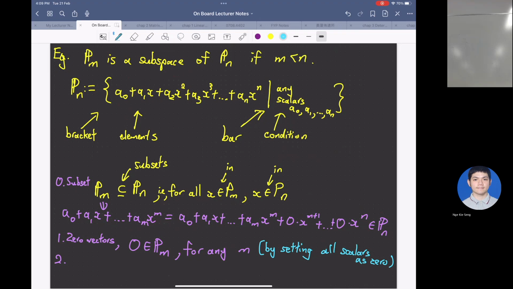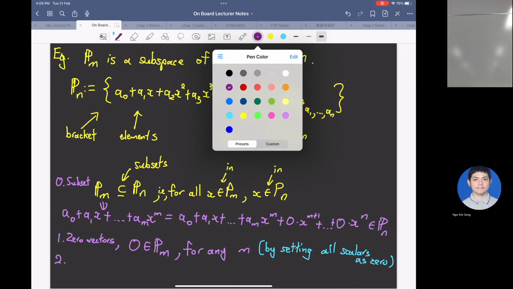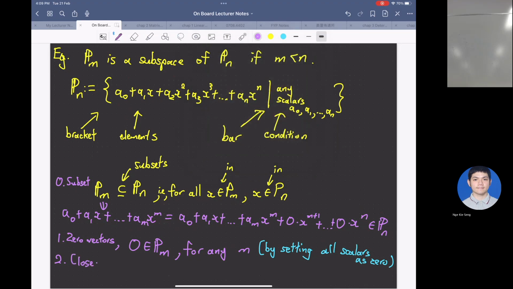Okay, is it closed under vector addition? We have already shown last time that if we add two polynomials that have degree at most n, they are still polynomials of degree at most n. For example, if you add a degree 2 polynomial to a degree 1 polynomial, is it degree 2 or degree 1? Can it be degree 3? Cannot, right?